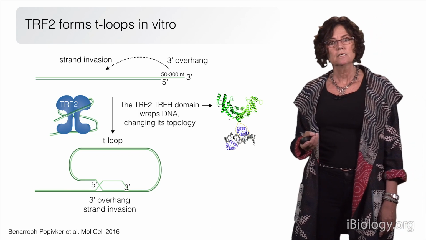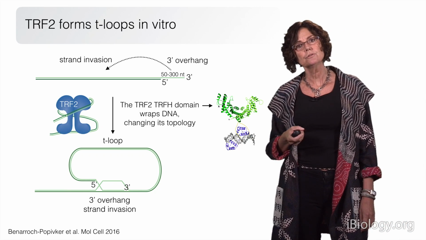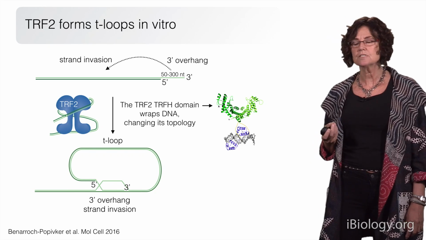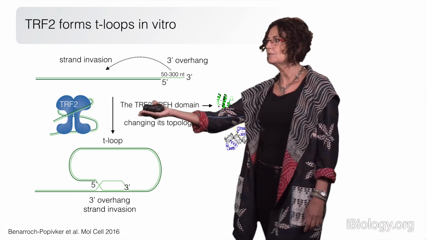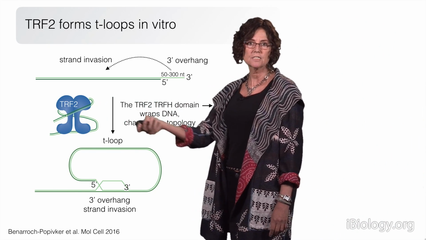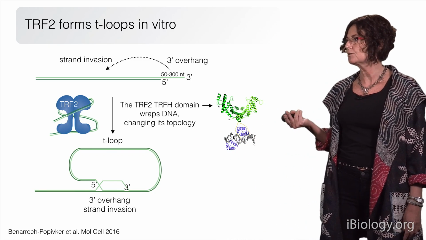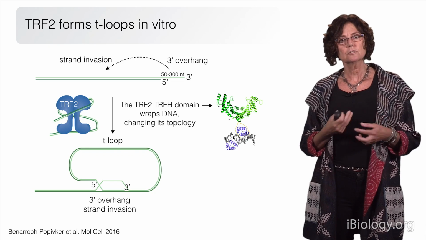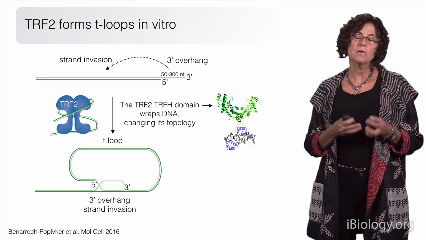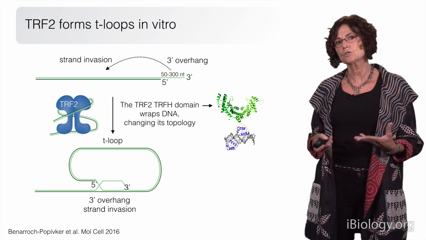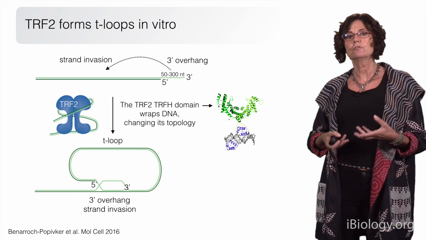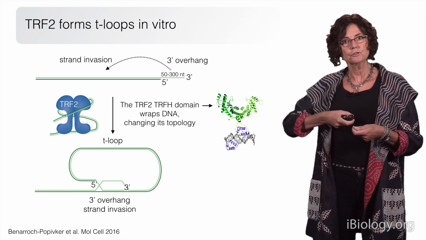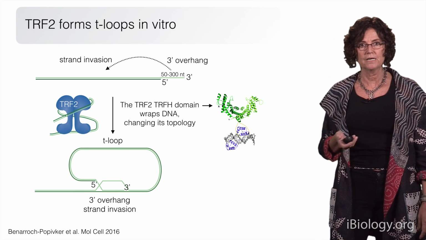More recently, Eric Gilson's lab showed that TRF2 has the interesting ability to wrap telomeric DNA around its very large TRFH domain. This wrapping of DNA often creates a topological change that may melt nearby DNA, and this could, of course, be very helpful for a protein that is trying to strand invade the 3' overhang.